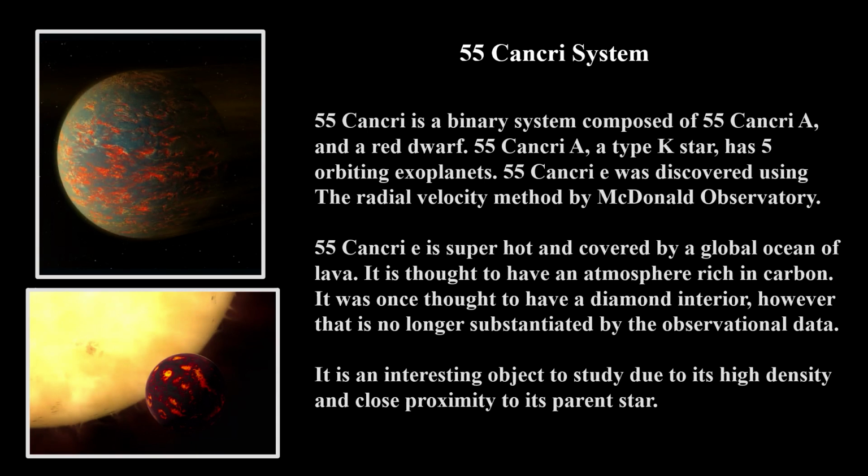JWST observations indicate that energy is being distributed from the day side to the night side because of the lower than expected temperatures. Currents of lava cannot account for the amount of heat transfer to the night side, though. So the link to this object gives some very interesting information.